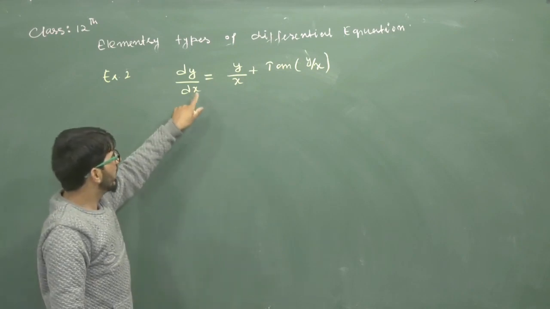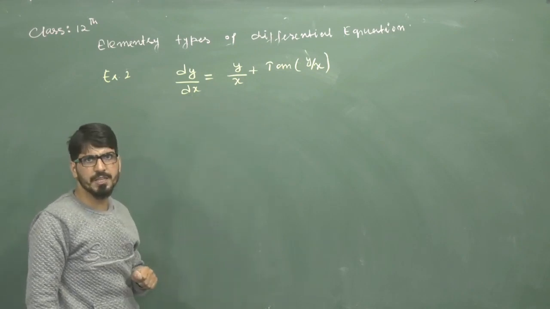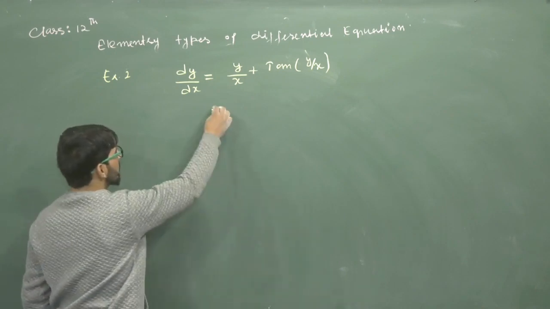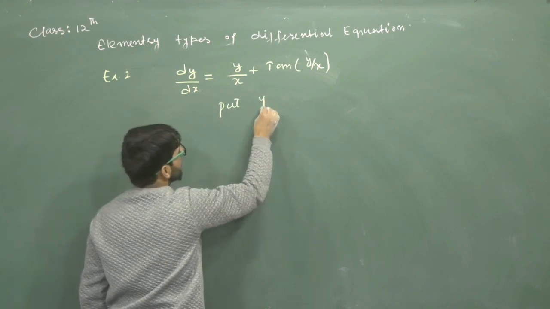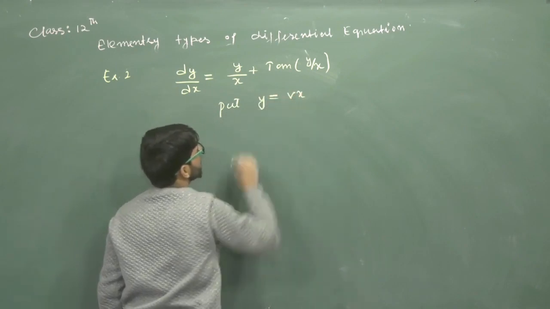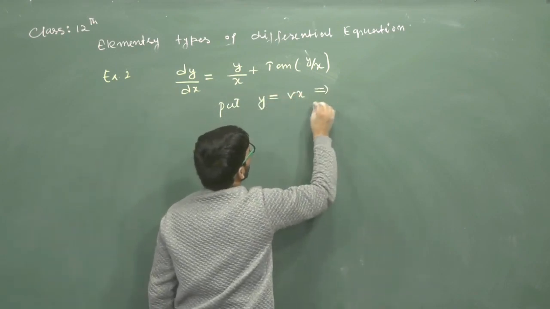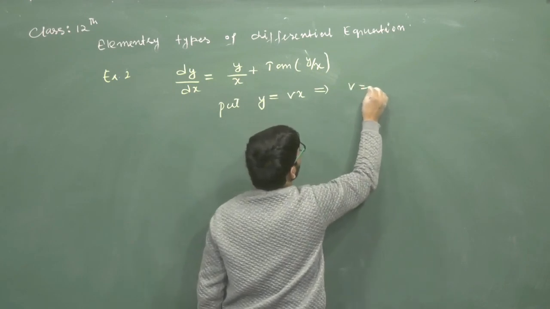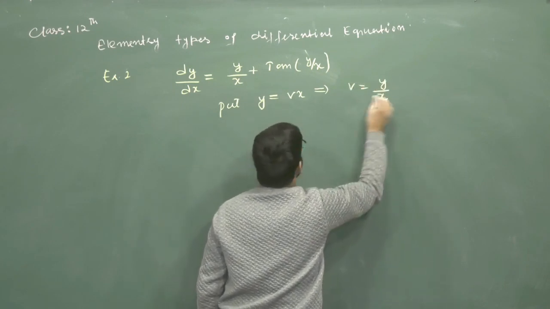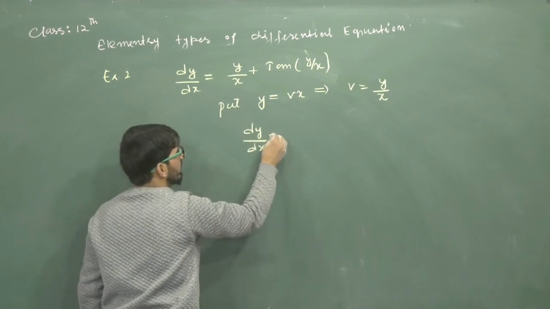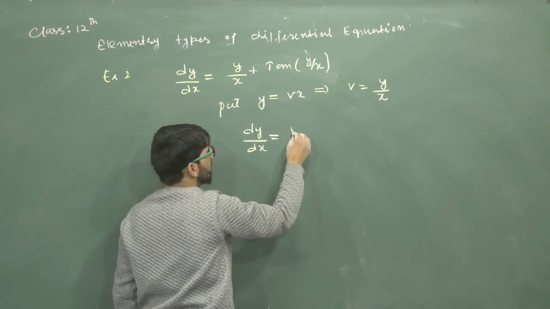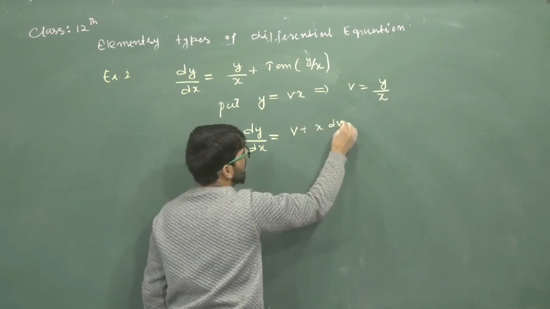Now we have to solve this homogeneous differential equation. So put y is equal to vx, which implies v will be y by x, and dy by dx is equal to, differentiating, v plus x times dv by dx.